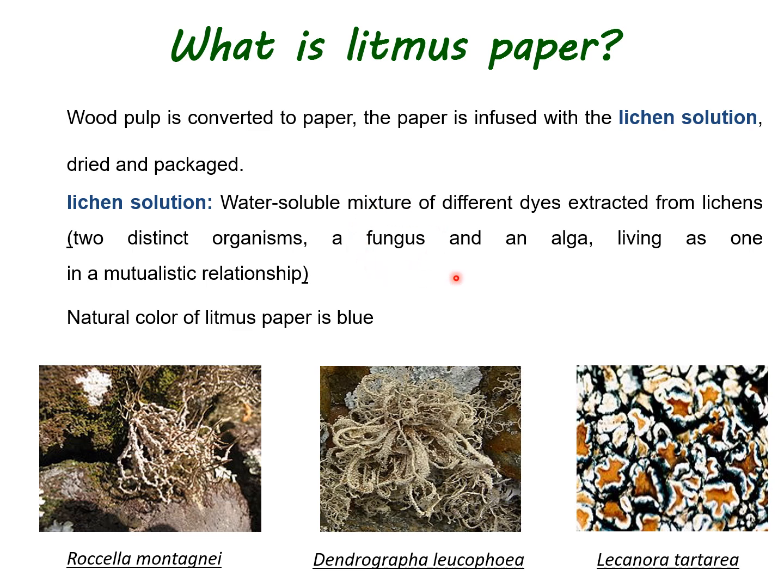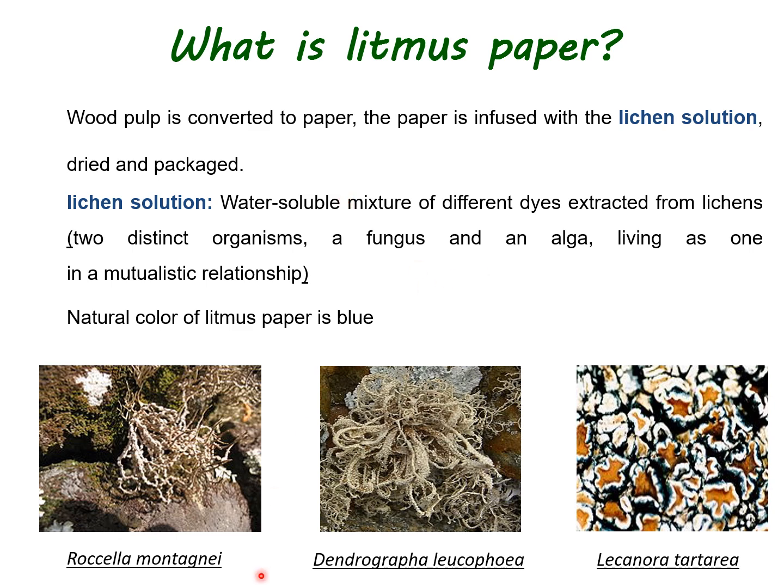Some scientists believe that they are originally fungi on which algae are growing. They are very rich in different dyes which can change their color in an acidic or alkaline environment. If you infuse this paper, that is, keep it in contact with the solution of these lichens for a longer time, the paper will get coated with these dyes, and after drying you can use it as litmus paper.